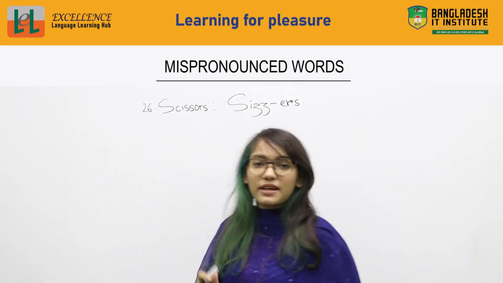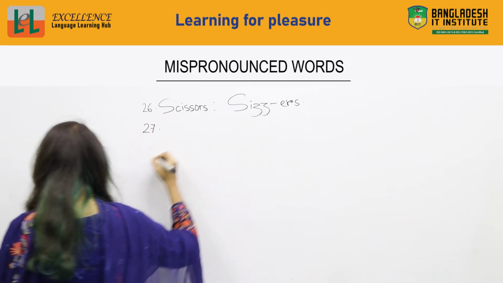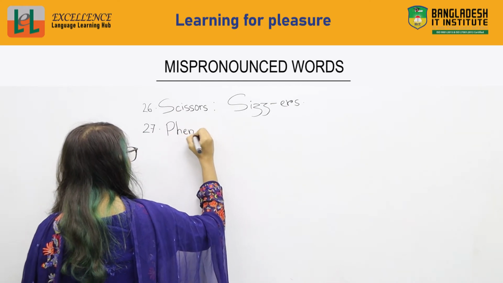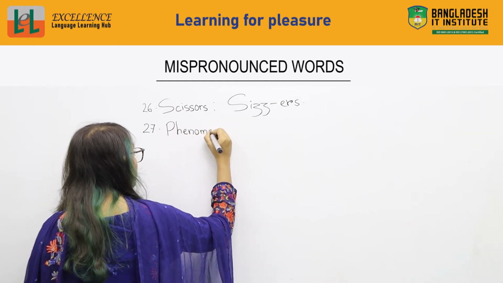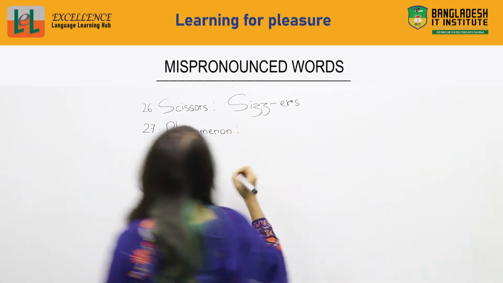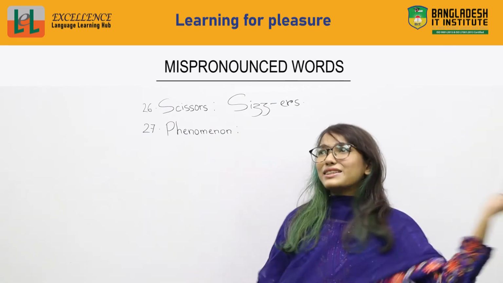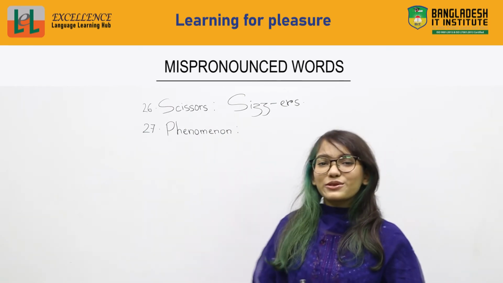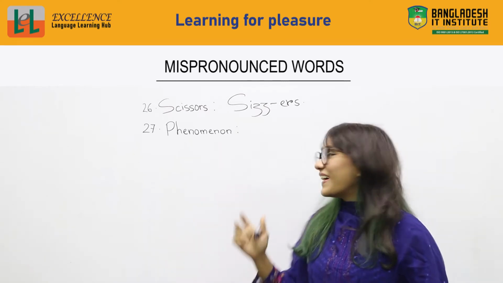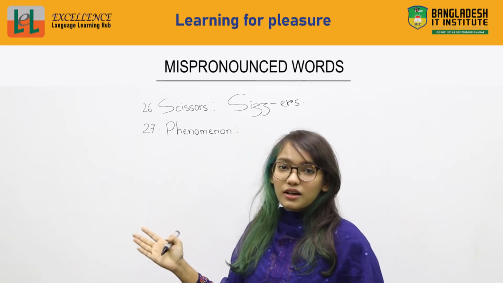Let's proceed to 27. Okay, so last week I think one of my students said "phenomena." So the main pronunciation would be "phenomena," phi.